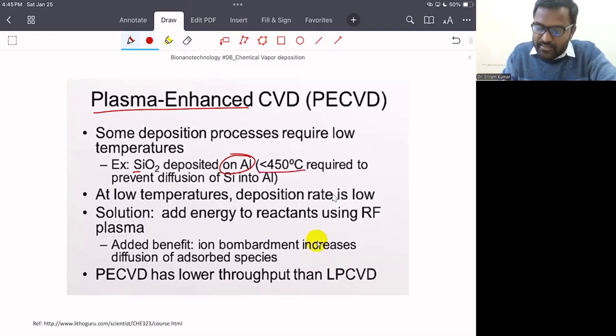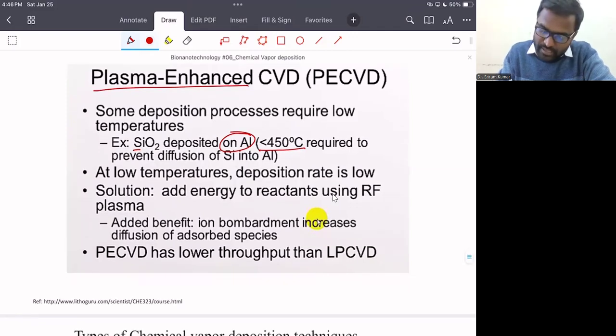So in that case, we need to use plasma enhanced CVD. Here we can use plasma to increase the energy of these materials so that they can come onto the surface and get decomposed easily. So that is the advantage.